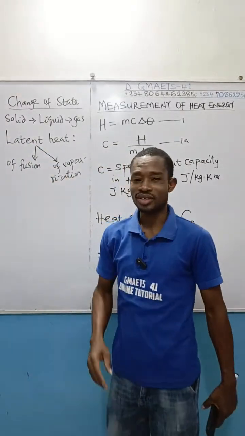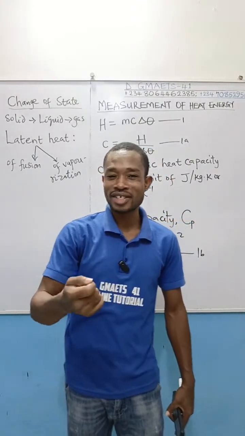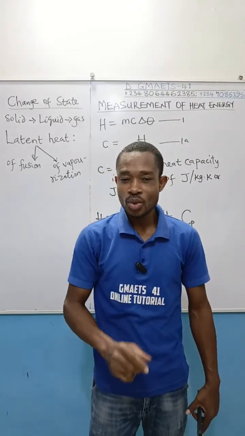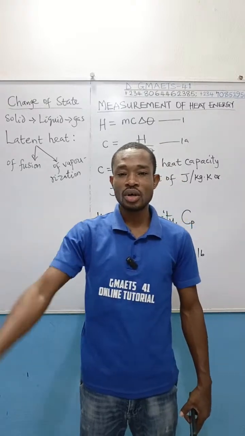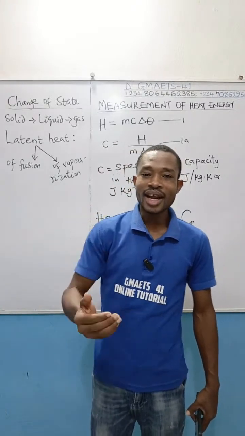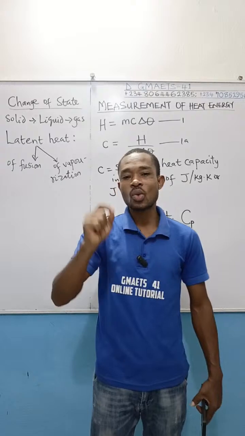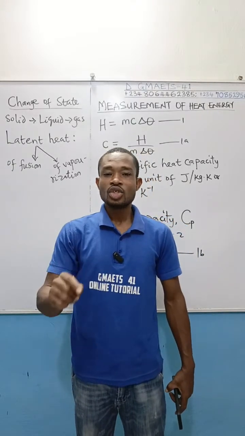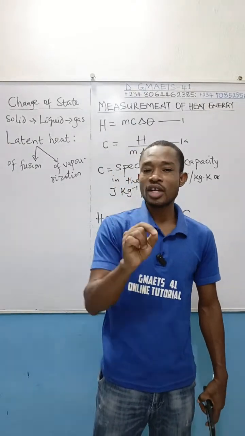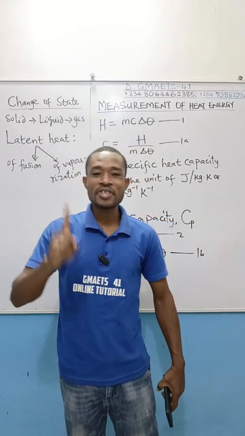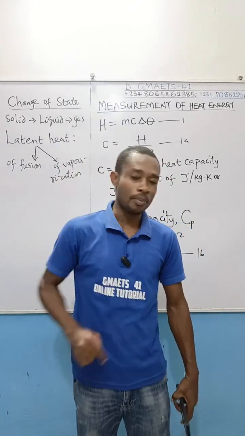Usually your examiner defines it with respect to ice, where ice as solid changes to liquid. Latent heat of fusion is defined as that quantity of heat required to change a solid to liquid without a change in temperature.